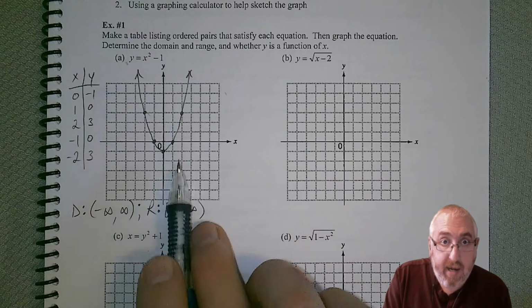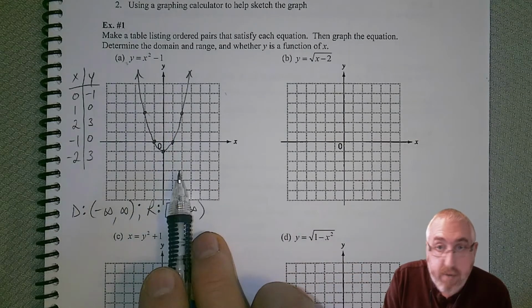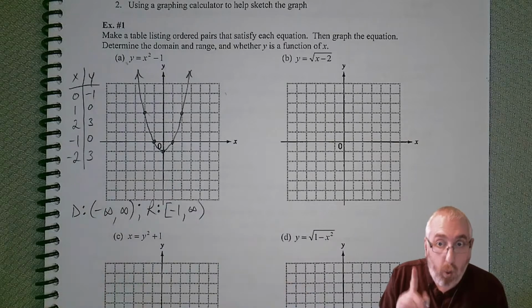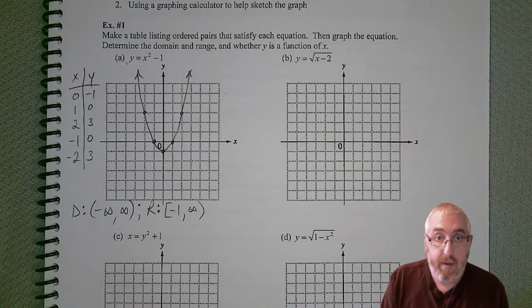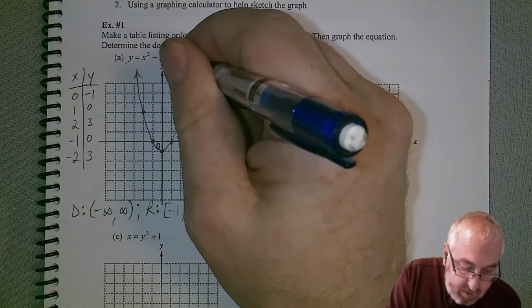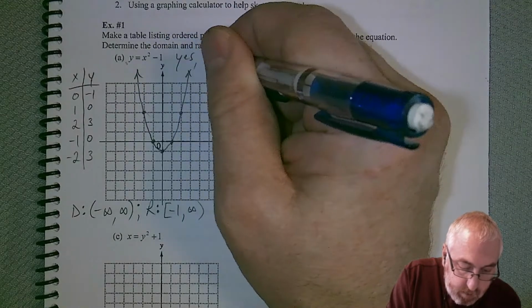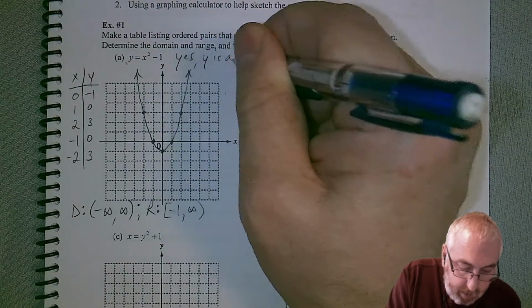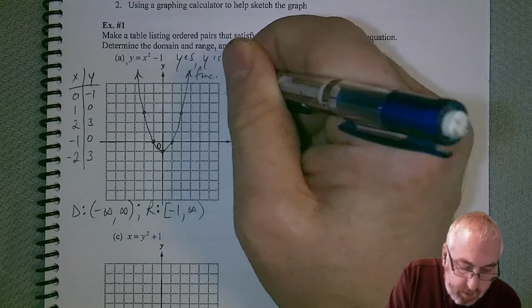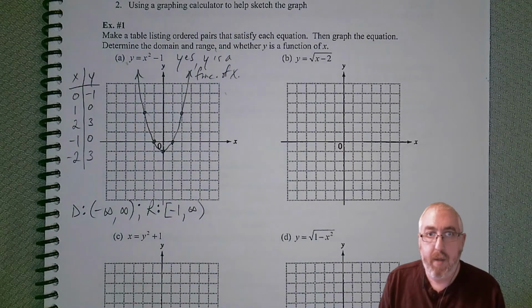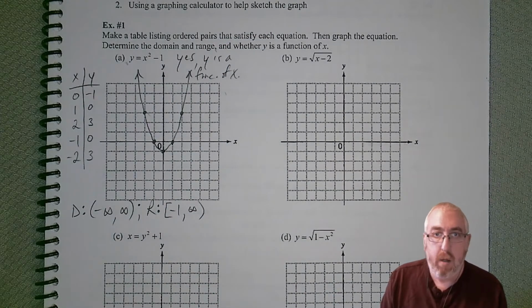It's not hitting up here and then hitting down here or something weird like that. It's only hitting one spot on the graph. So yes, y is a function of x. Boom.